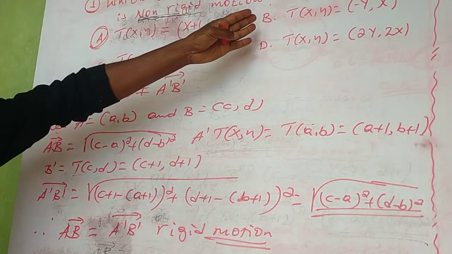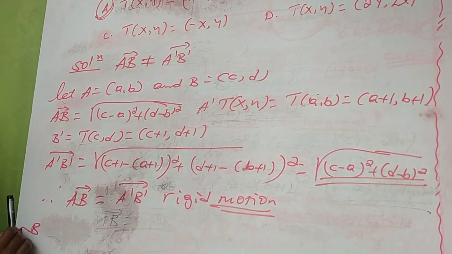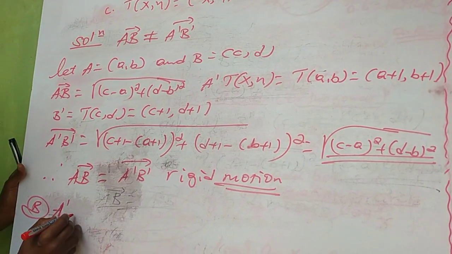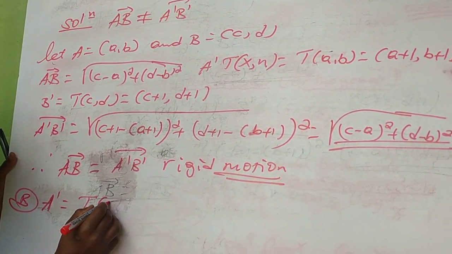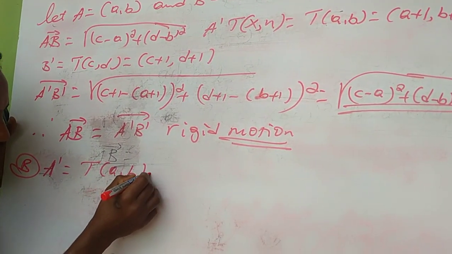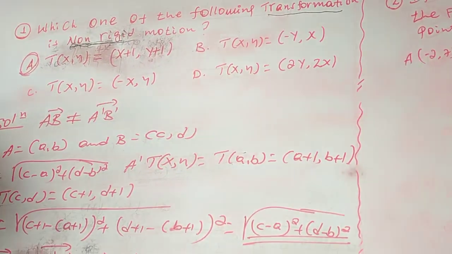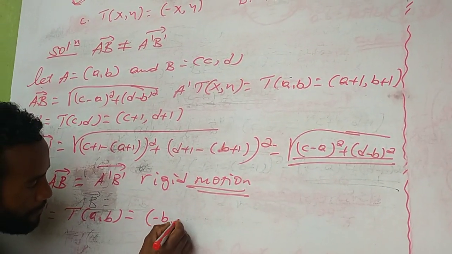Now option B. A prime is the transformation of (a, b), which means changing the places of a and b, with a minus sign: (negative b, a).